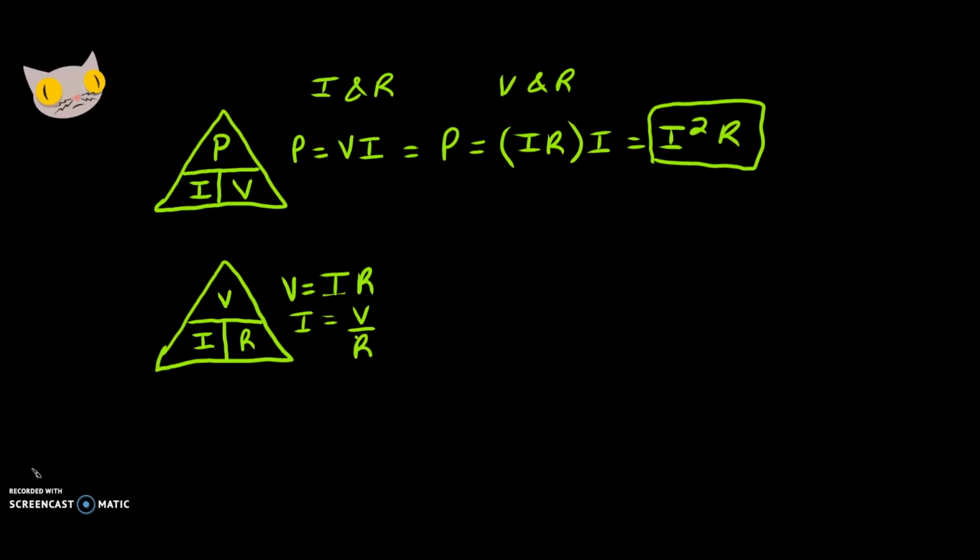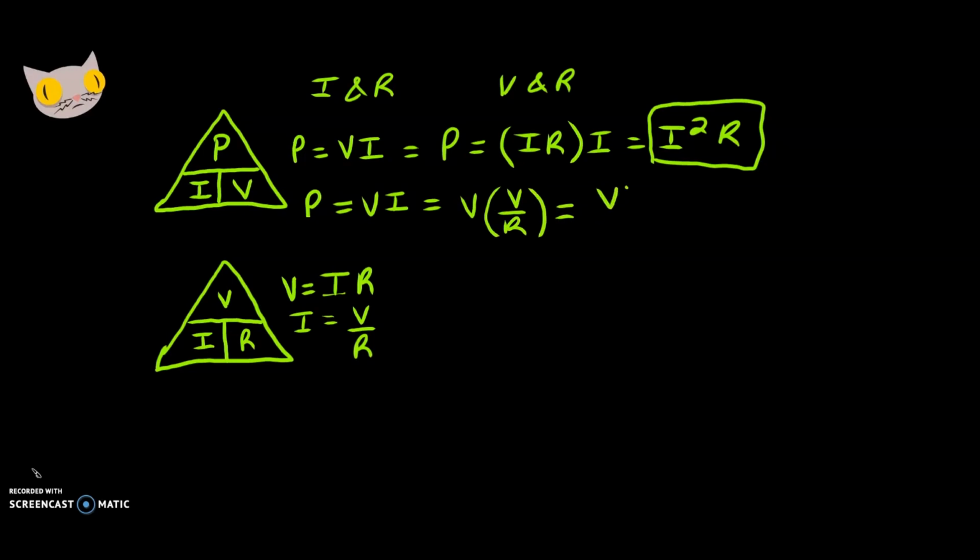Now we can plug this into our power equation. So we have power is equal to voltage times current, or voltage times voltage over resistance.